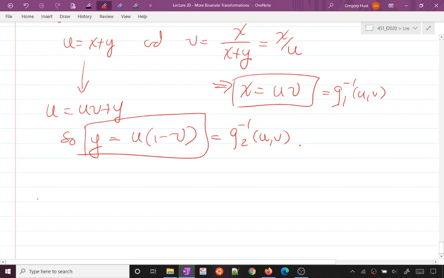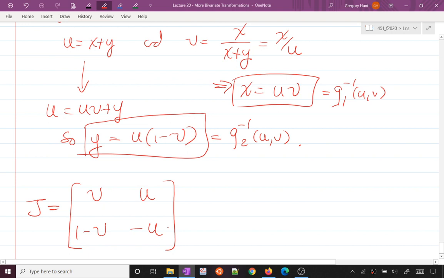And we need the Jacobian, right? So we want J. And okay, so the first row is the derivative of g1 inverse with respect to u and v, which is just v and then u. So derivative of uv with respect to u is v, and with respect to v is u. Derivative of u times 1 minus v with respect to u is 1 minus v, and with respect to v is, what does it give us, negative u?